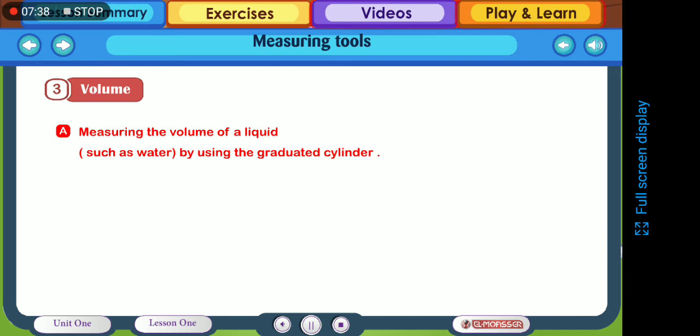We put the water in the graduated cylinder and look at the level of water in the graduated cylinder vertically. This is the volume of liquid.